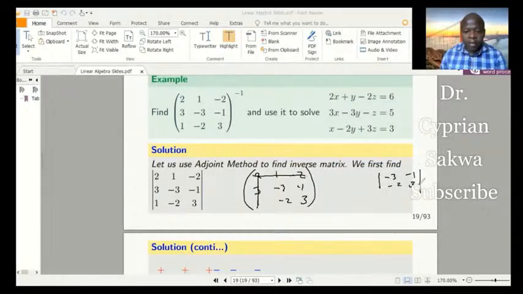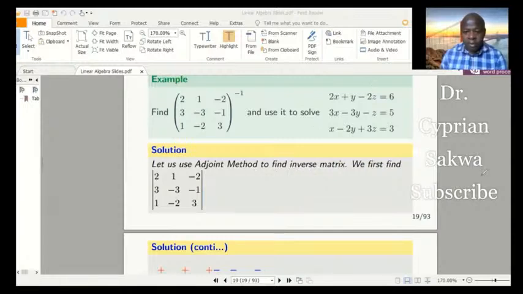Then we'll have minus. This time we are in this position, so delete this row and this column. When you delete that row and that column, what is left is 3, -1, and 1, 3, and we take the determinant of that.